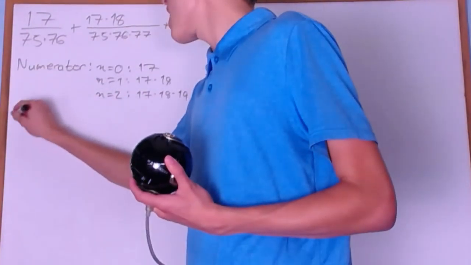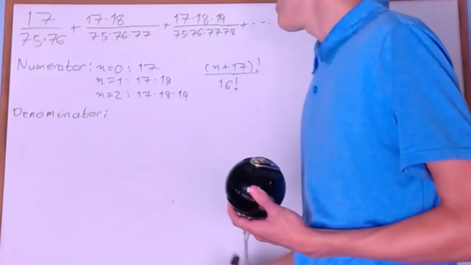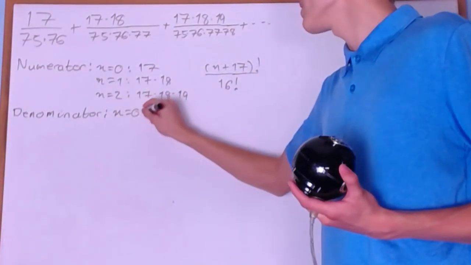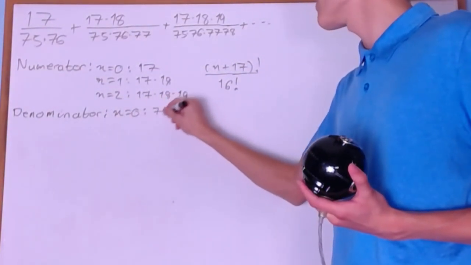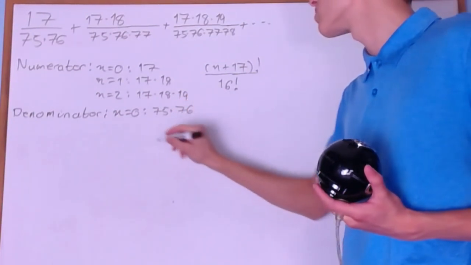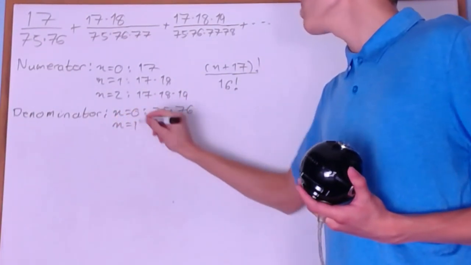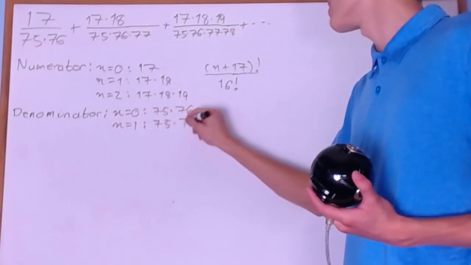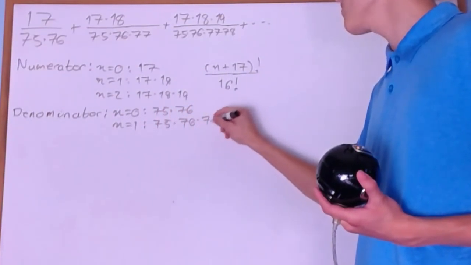What's the denominator's formula? Well, it's going to be very similar. So the first value you want is 75 times 76. The second value at n equals 1 that you want is 75 times 76 times 77.